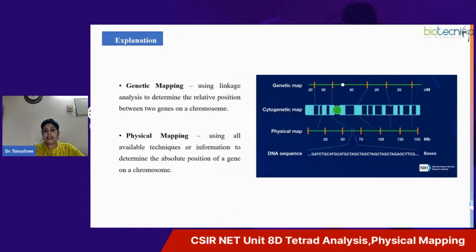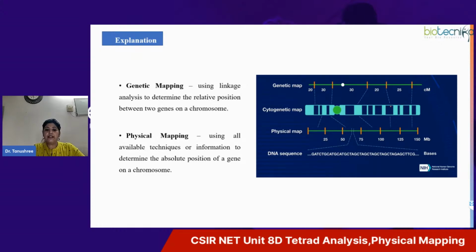I'm sure now you know about gene mapping because I've already talked about it in detail in the previous session. We know that genetic maps are based upon the recombination frequency, like the linkage map, which is plotted based on calculation of recombination frequency.